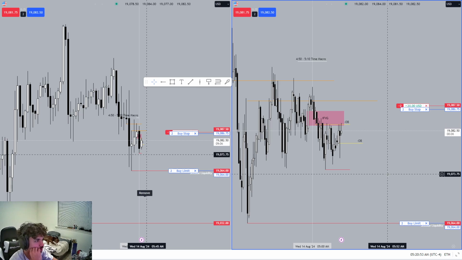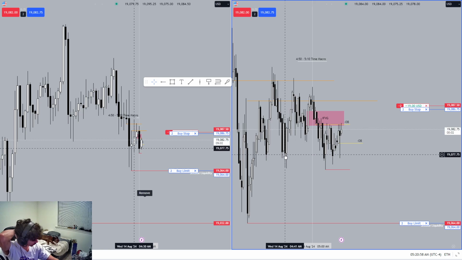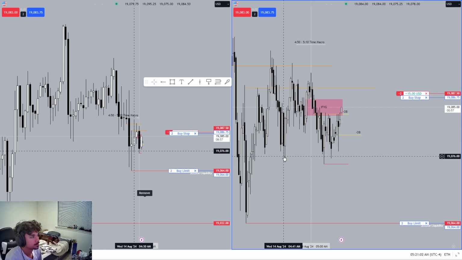Yeah, it's spending too much time up here. A little touch of this would have been fine, but the fact that it's spending so much time up here is kind of concerning to me. Oh, would you look at that? I don't get the volume imbalances that we're making. It just jumps a whole bunch. Okay, whatever.